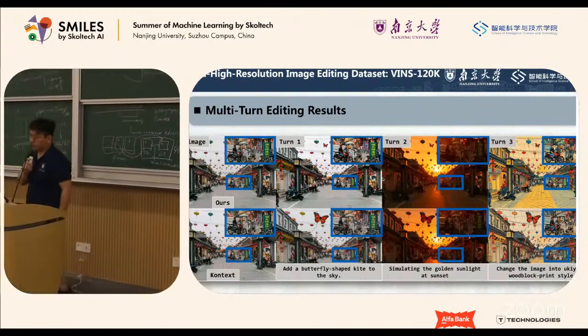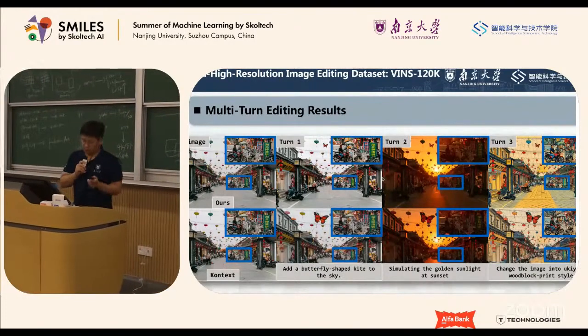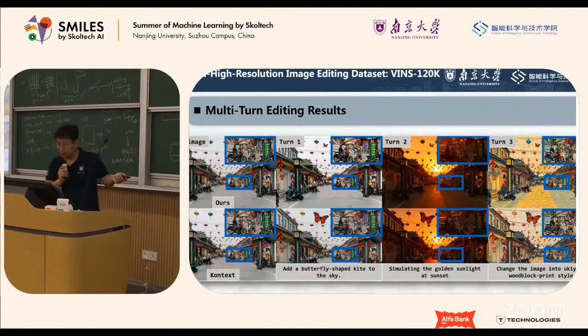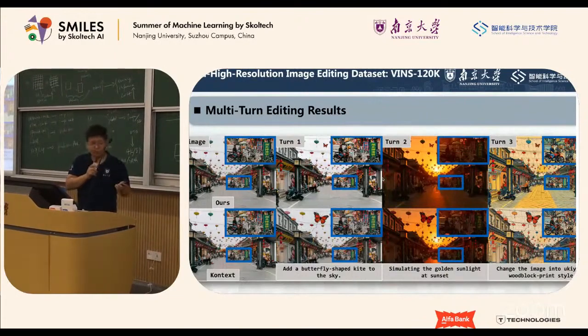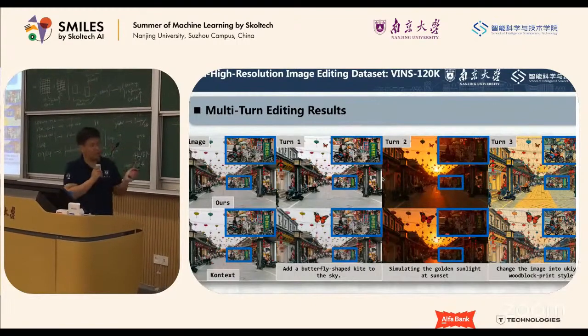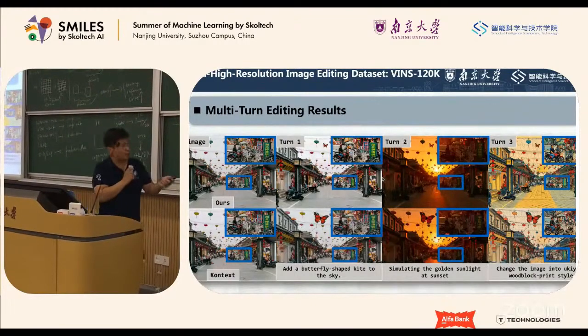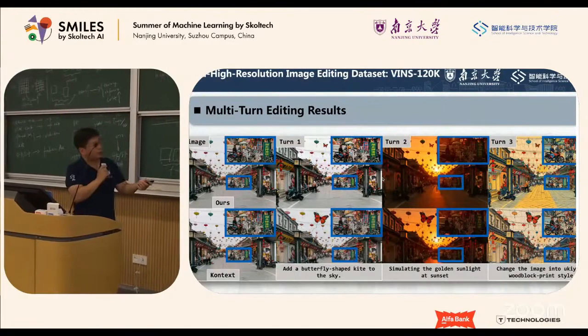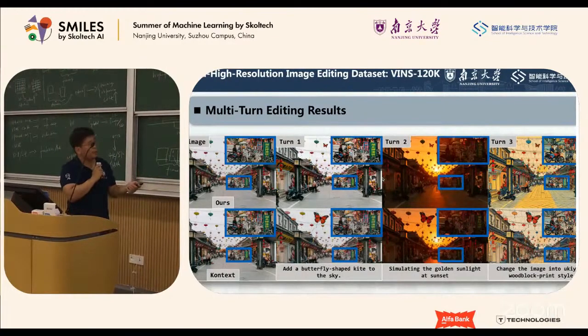So multi-turn editing means each new instruction must be satisfied without removing the successful edits from the earlier turns. That means, for example, the turn 2 result should be based on the result from turn 1.